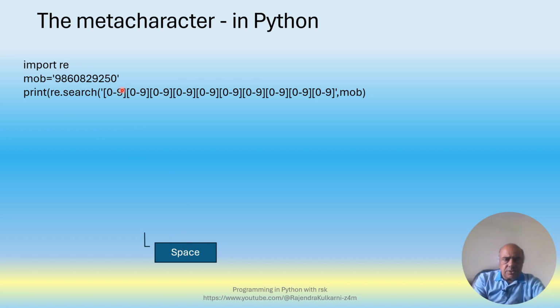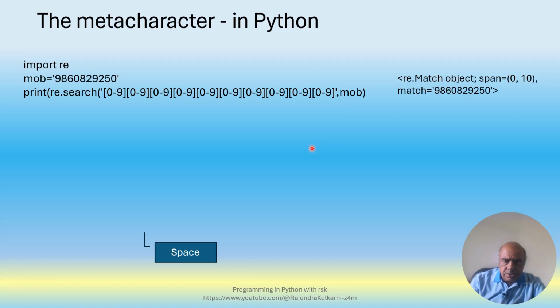Since the characters representing digits in this string satisfy all these 0-9 criteria, we get a result. Match is whatever is the contents of the string mob.